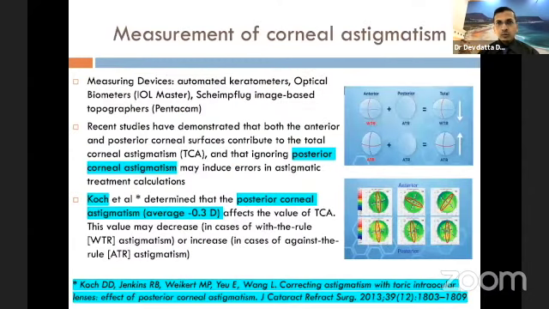So how to measure the corneal astigmatism? There is a landmark paper by Douglas Koch in 2013, which changed our approach totally. It shows the importance of posterior corneal astigmatism, which has to be considered in any kind of calculations. It estimates that the average value of this posterior astigmatism is 0.3 diopter, and the total astigmatism is overestimated by 0.5 in with the rule astigmatism and underestimated in against the rule astigmatism.